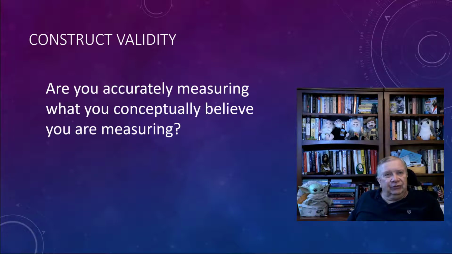It's easy with physical things like height, weight. You can get really good construct validity with those types of things. When you move into psychological constructs, it gets a lot fuzzier, requires a lot more work to make sure you're really measuring what you say you're measuring.